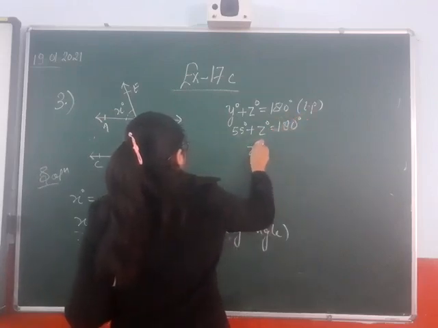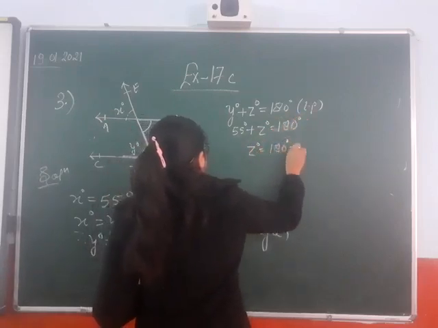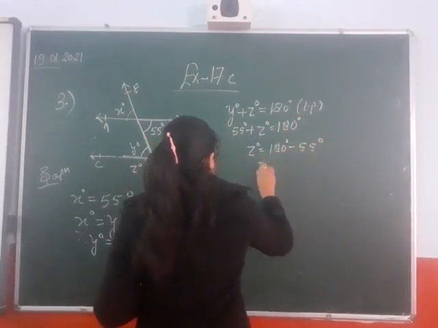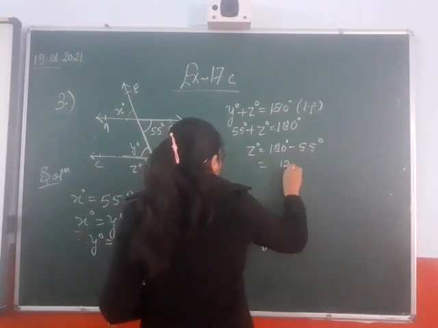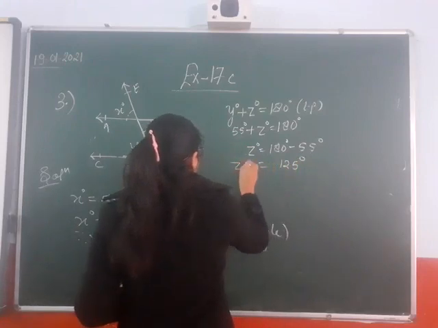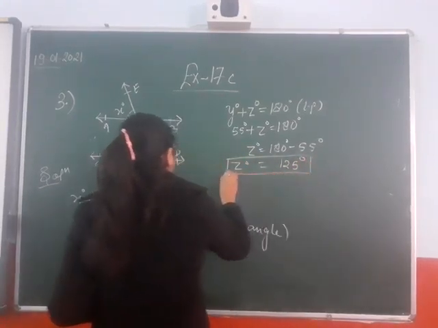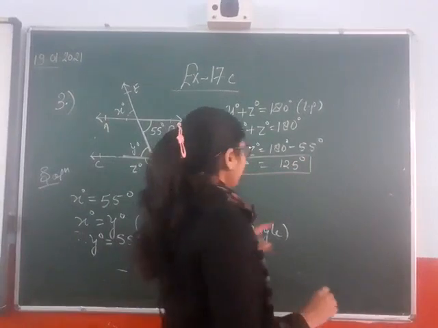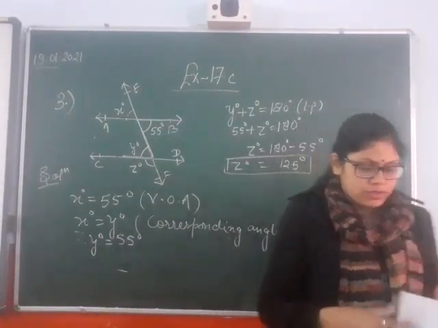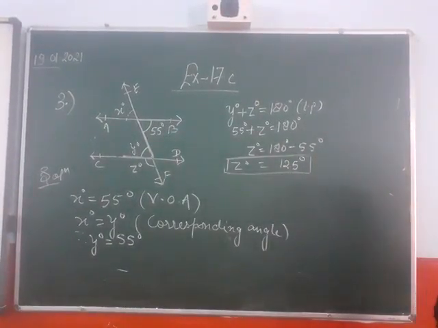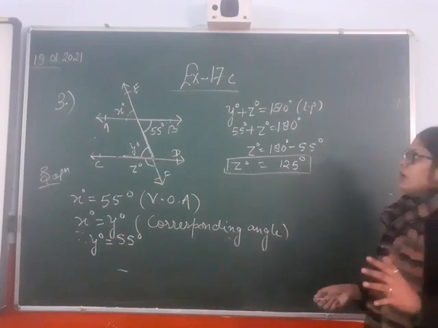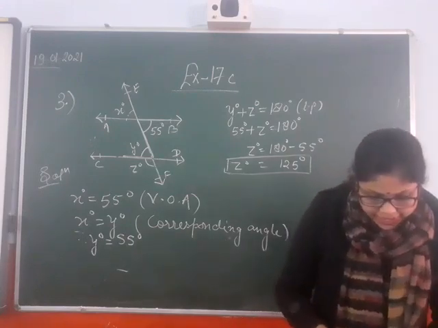So therefore Z degree is equal to 180 degree minus 55 degree. This will come as 125 degree. So I got Z, I got Y, I got X. Let me check the answer once. Okay, it's correct. So like this you can do the second as well as the third question.